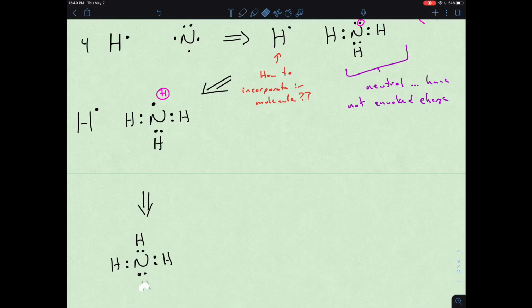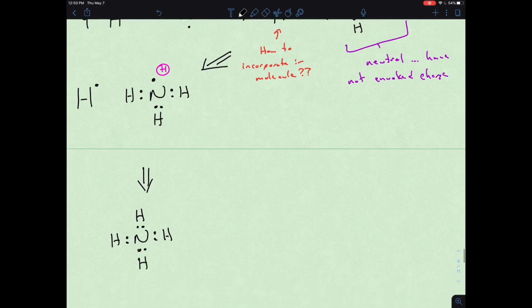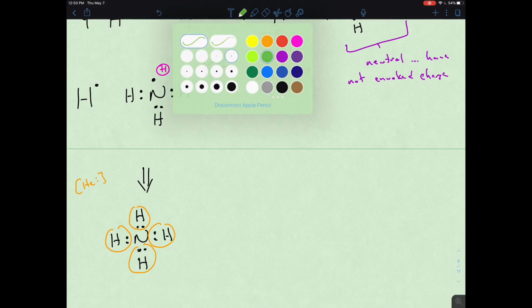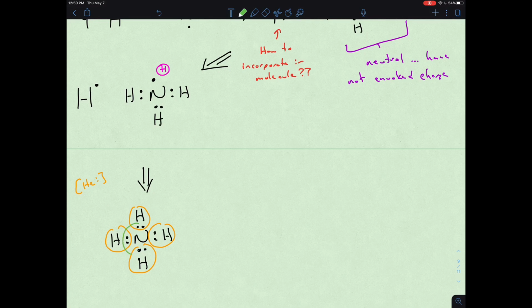If we look, everything is still very happy in the sense that all of our hydrogen atoms have that helium noble gas configuration, and our nitrogen in the middle as well has that neon noble gas electronic configuration.